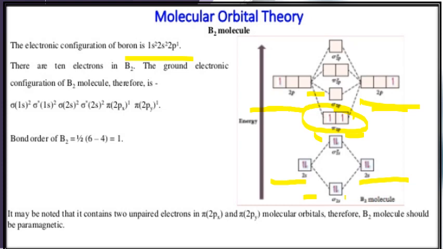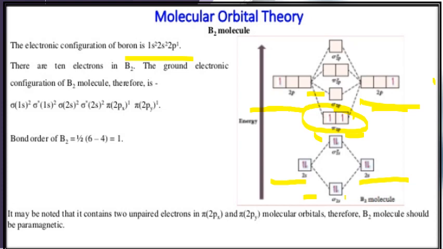The two electrons, one from each atom, will go to the different orbitals with the same spin. As two degenerate orbitals are available, they will be filled half first, right? So two electrons come into the pi 2py and pi 2pz molecular orbitals, so that we have two unpaired electrons still retained in the B2 molecule.